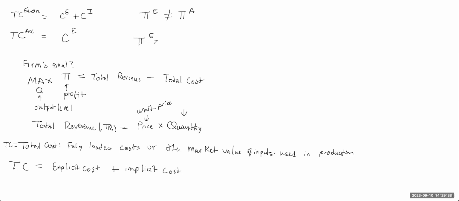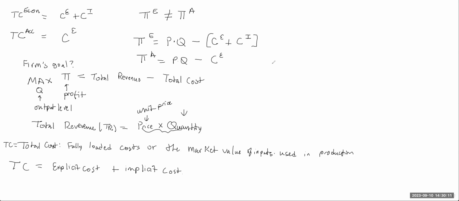Profit for an economist is equal to total revenue, and let me do it very simple, price times quantity, minus explicit cost plus implicit cost. Profit for an accountant is equal to price times quantity, or total revenue, minus explicit costs.